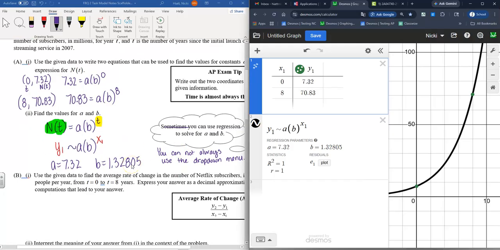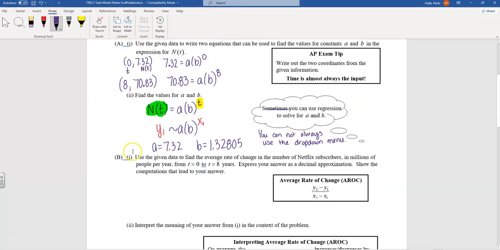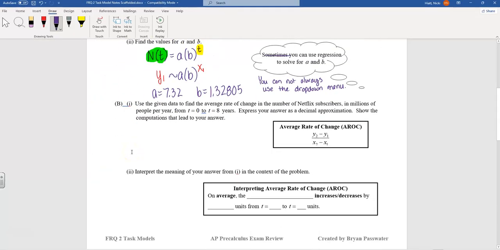Okay, everybody good here? All right, so this middle part, we've done some of these too, is going to talk about using the given data to find the average rate of change. Okay, when you see average rate of change, what should you be thinking? Average rate of change.